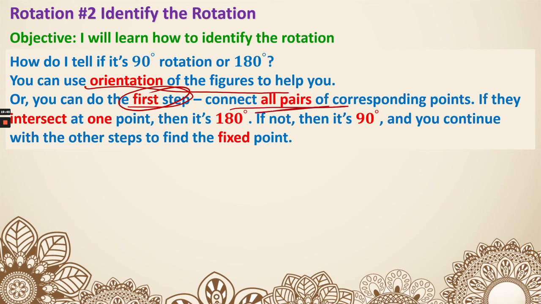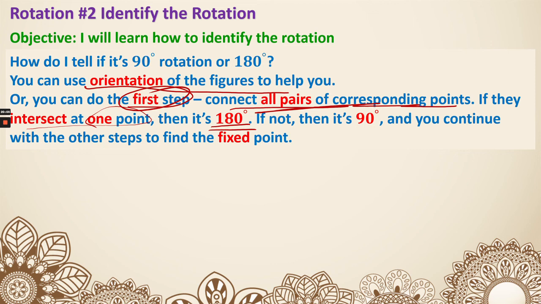So that's one way. Or, if you recall, for both methods, the first step is going to be connecting pairs of corresponding points. So you can choose to connect all of them. After you connect all of them, if they already intersect at one point, then it's guaranteed to be 180 degrees. If they actually don't intersect at one point, that means it's got to be 90 degrees.